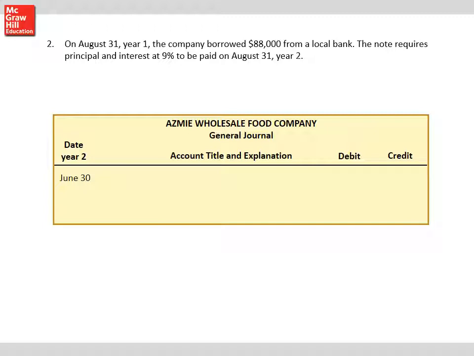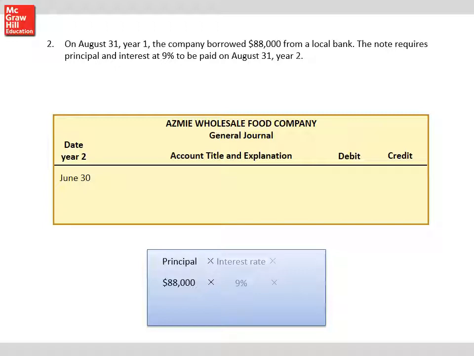We need to record the interest expense related to April, May, and June. So we take $88,000 times the 9% times 3 months of the 12 months that the interest rate relates to. So $1,980. We will debit interest expense $1,980 and credit interest payable $1,980, just like we did in the prior journal entries.